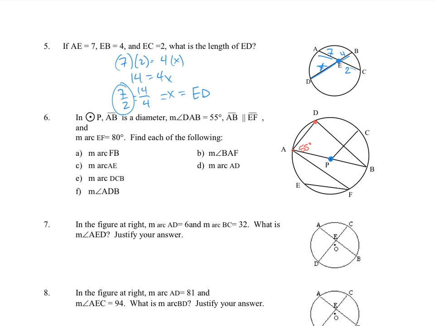And AB is parallel to EF. So these two are parallel, AB and EF. That means these will be alternate interior angles since they're parallel. We see that right away. And the measure of arc EF is 80. Find each of the following. The measure of arc FB.